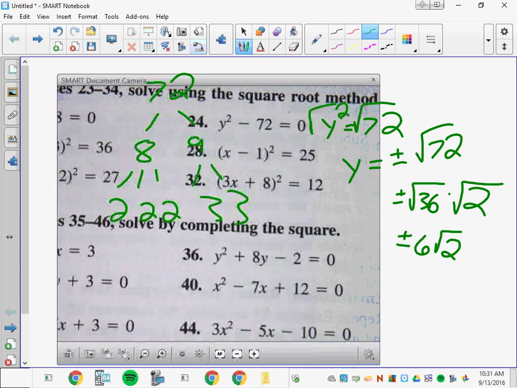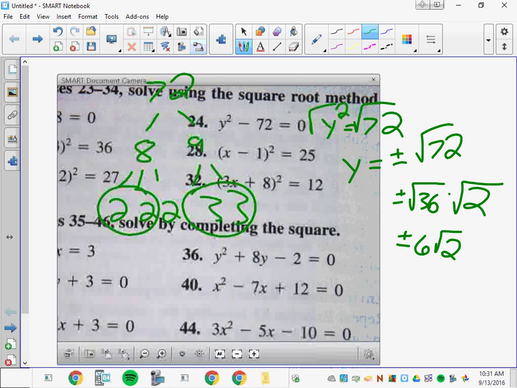That's the idea behind that process that we teach you. So here is a perfect square. Which perfect square is it? 4. Here is another perfect square. Which one? 9. So it's 4 times 9, which is 36.